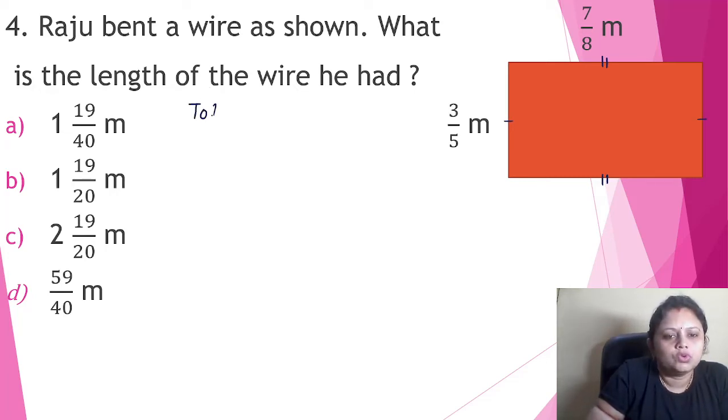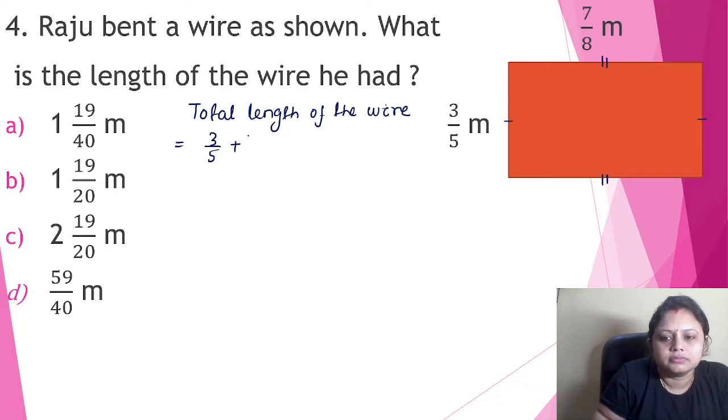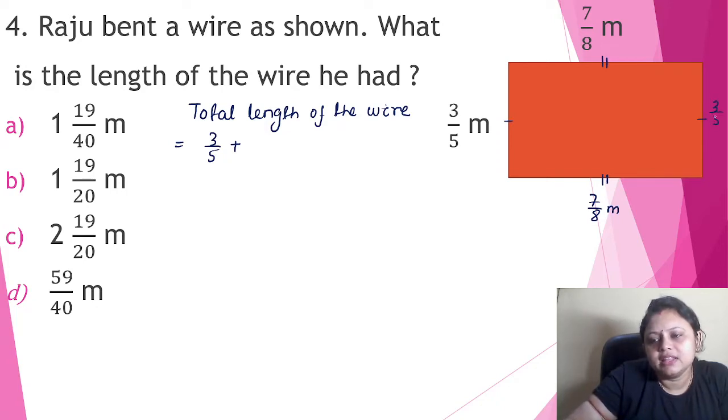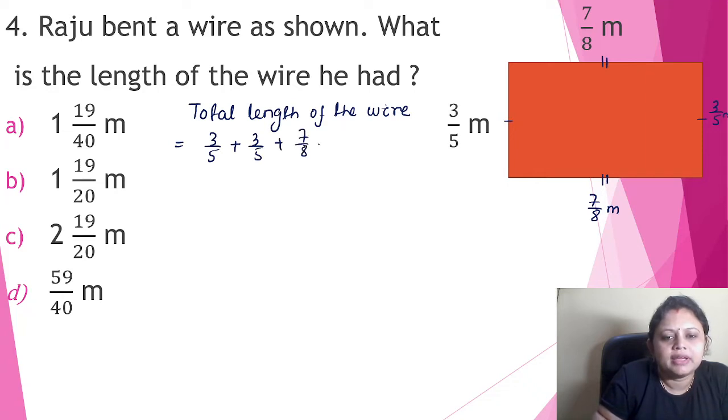So the total length of the wire is equal to 3 by 5 plus 3 by 5 plus 7 by 8 plus 7 by 8.